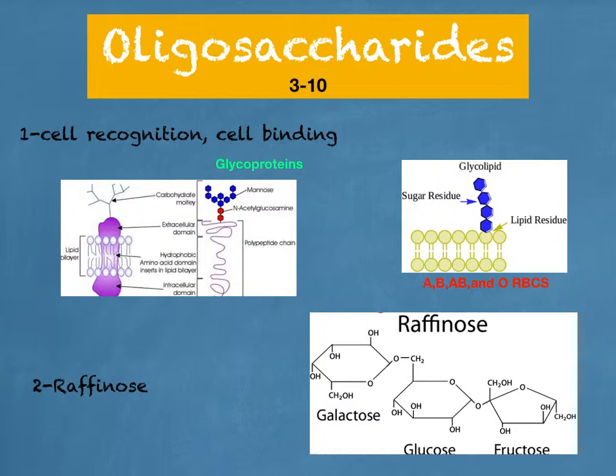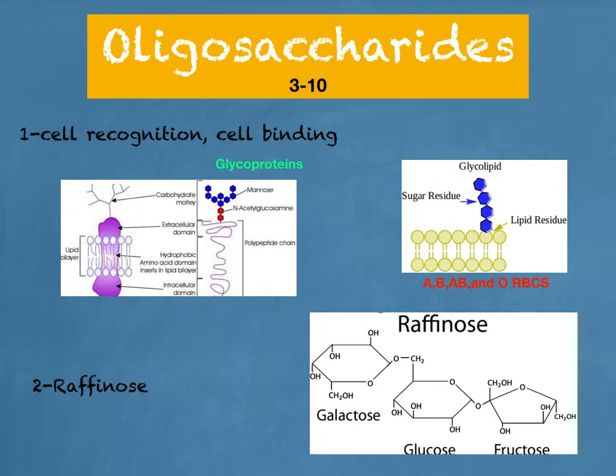It's either a glycolipid, where the sugar residue is attached to a lipid residue on the cell membrane, or a glycoprotein, where the carbohydrate moiety is attached to a protein molecule through the cell membrane. All cells are coated in either glycoproteins or glycolipids, and this adds to cell recognition and cell identity.